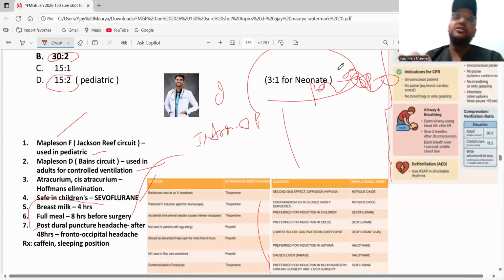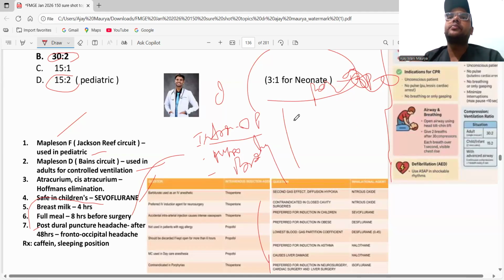During surgery, what is the most common complication? Hypotension is the most common, the first complication. Second is bradycardia. What is the most common complication after surgery, post-op?